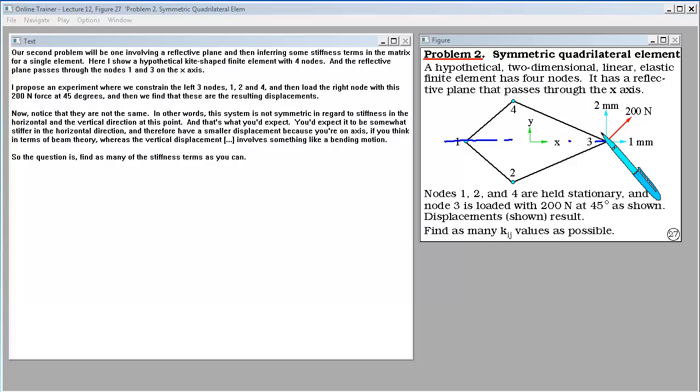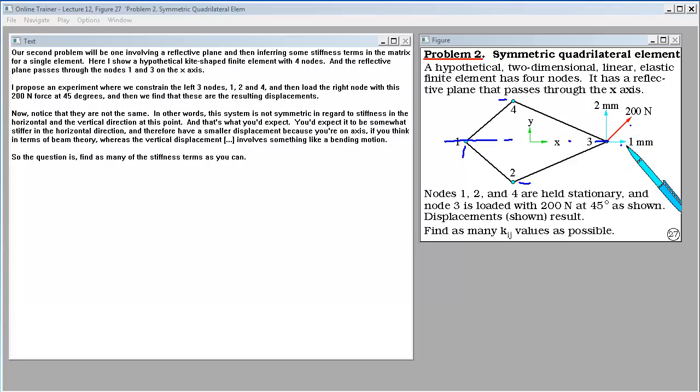I propose an experiment where we constrain the left 3 nodes, 1, 2, and 4, and then load the right node with this 200 Newton force at 45 degrees, and then we find that these are the resulting displacements.